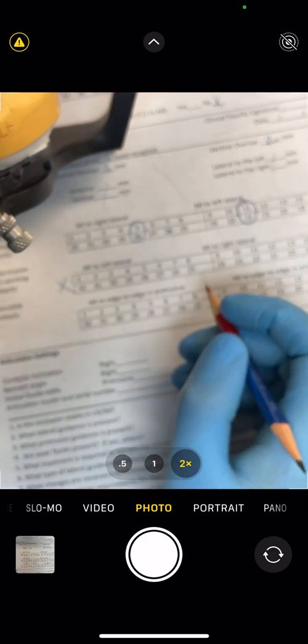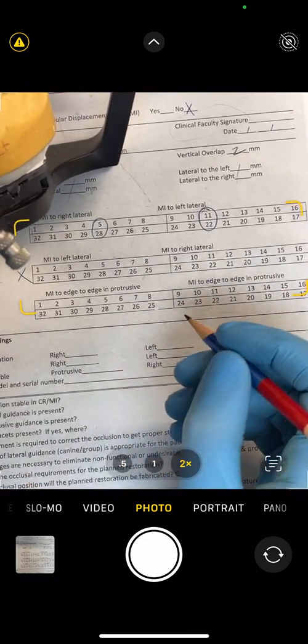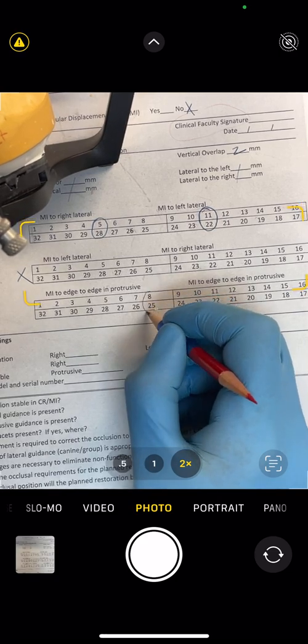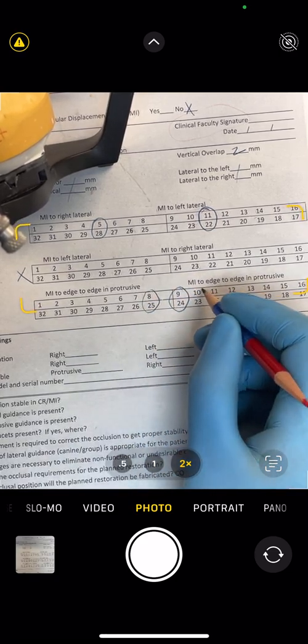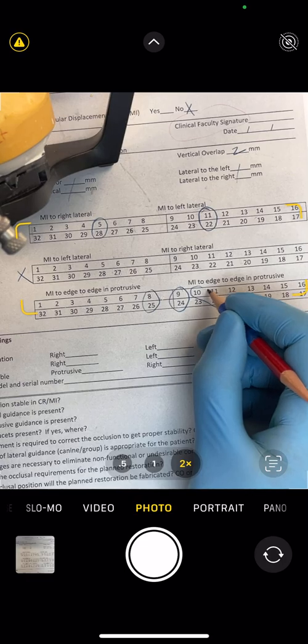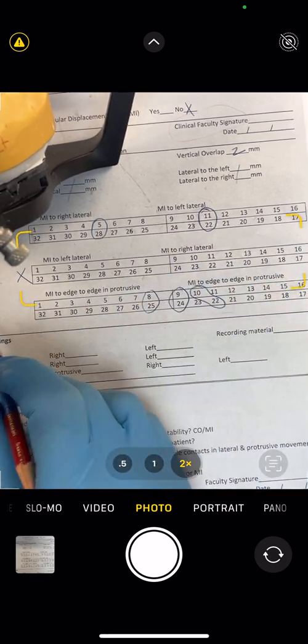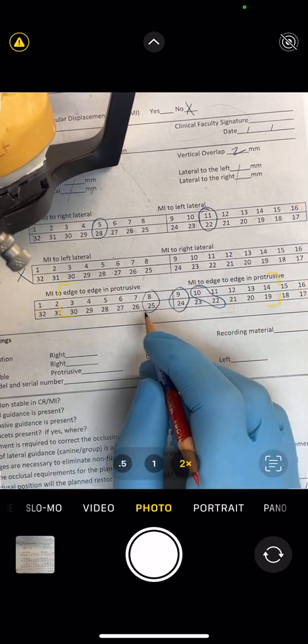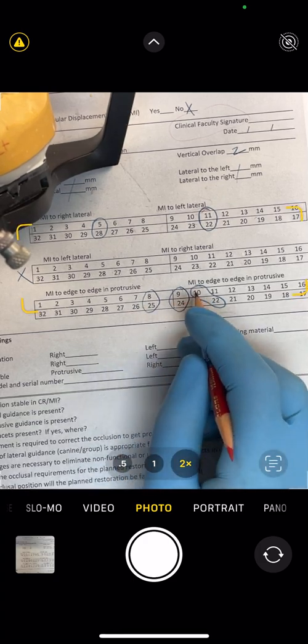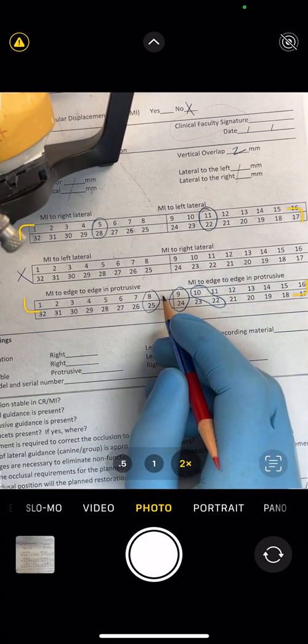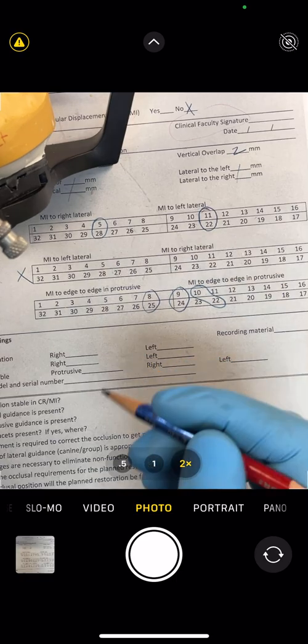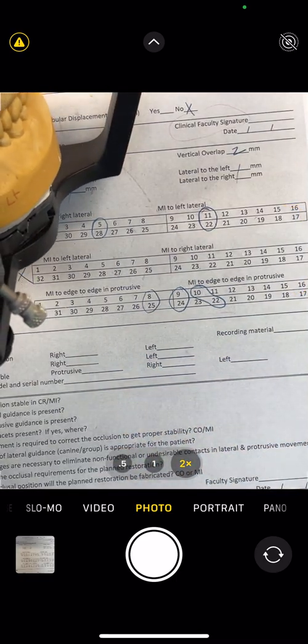So what should I fill here? It's going to be 8, 25, 9, 24, 10, 22. So the load of protrusive movement is distributed evenly between 3 teeth at least. And maybe in the future my wax up will hold.